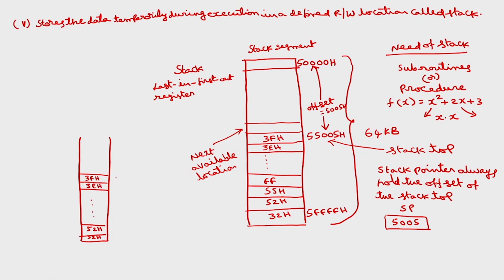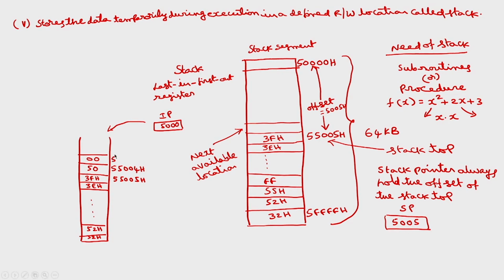Now, the contents of the stack pointer will be, this is the stack top, 55005H. Once the call instruction is executed, the contents of IP is 5000. So the 50 will first be stored in this location, 55004H, the higher order 8 bits, and then the lower order 8 bits, 00, will be stored here.